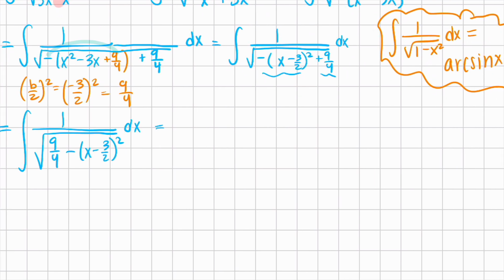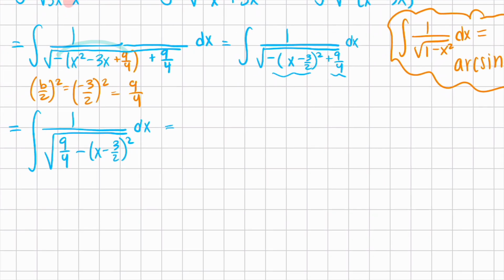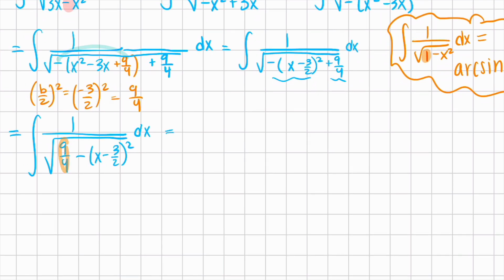Okay, now same thing as the previous problem. First thing I want to do, I have a 1 in the identity, but I have a 9/4 in the problem. So I'm going to factor out the 9/4. I have x minus 3/2 squared over 9/4.